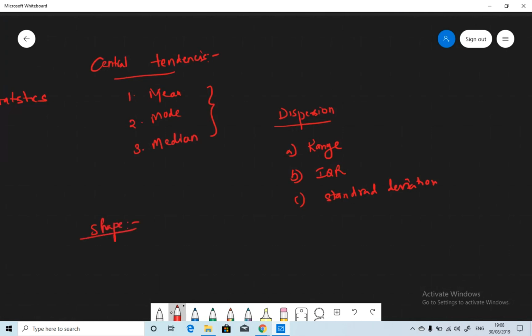Under shape, write this down. This is not there in the PPT or material. Some more things you need to write down. Skewness. Right. These are the central tendencies, and these are the details of descriptive statistics.